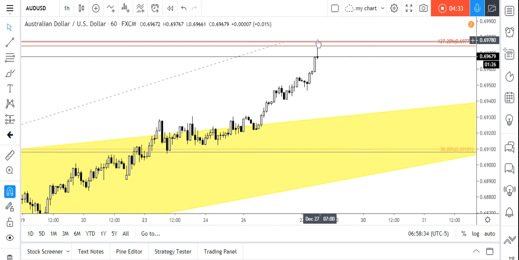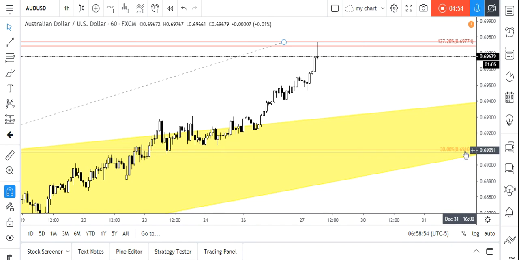We're not going to place a stop loss right now. Rather, we should look for the daily close. If price goes up and the daily candle closes above this high, then we should exit the position. Otherwise, we should hold on to the position until our target at this 30% level is hit.